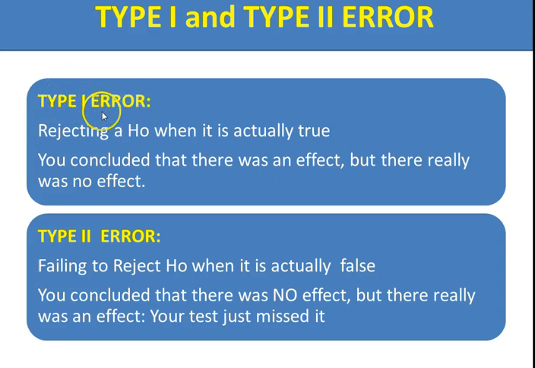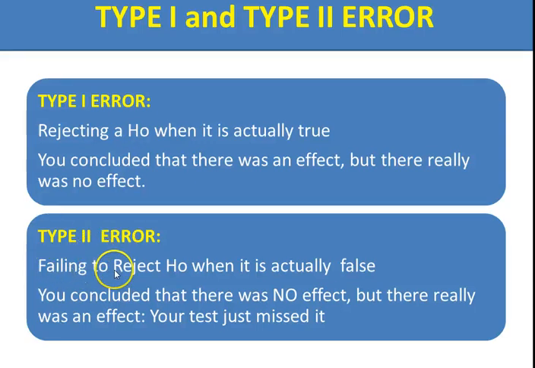And the probability that you could be wrong of type 1 error is always equal to your alpha level. So if your alpha level is 0.05 and you reject the null hypothesis, there is a 5% probability of type 1 error. If your alpha level were 0.01 and you rejected the null hypothesis, there would be a 1% chance of type 1 error, or type 1 error would be equal to 1%.